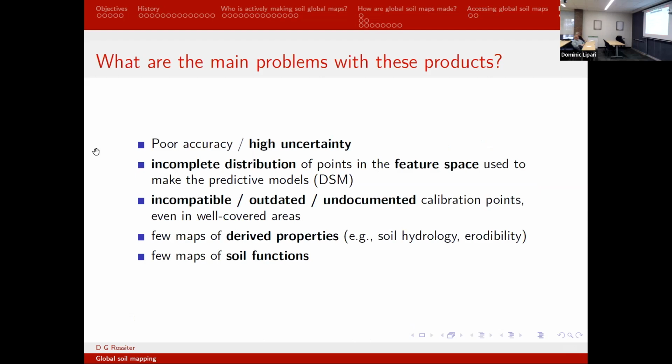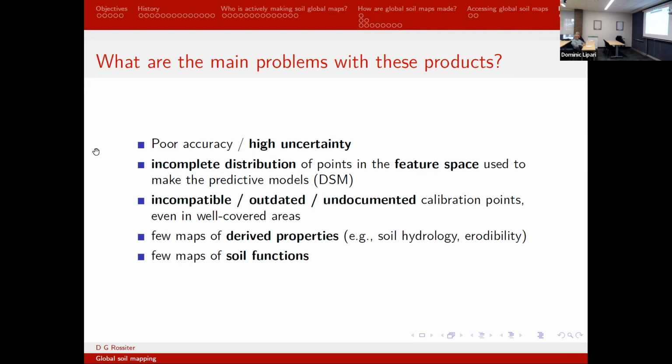So what are the issues? You're here and you want to use global soil maps. Well, as I said, poor accuracy and high uncertainty. The fact of the matter is there's a lot we don't know about the soil cover. Unless you do a really detailed survey, these maps give you an idea, it's better than nothing.